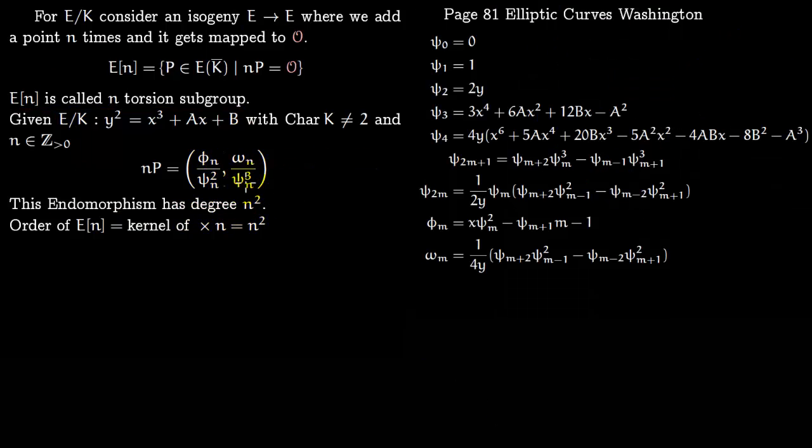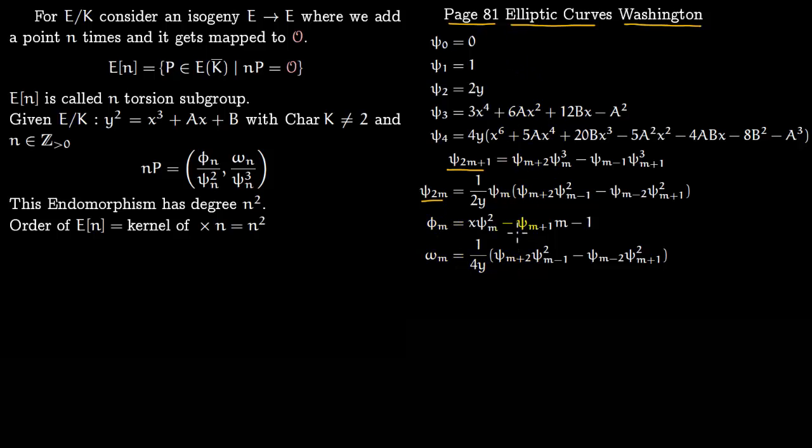We can find these division polynomials on page 81, again in Elliptic Curves by Washington. So ψ0 is 0, ψ1 is 1, ψ2 is 2y, then you are given ψ3, ψ4, then it is given recursively for odd and even ψ, and then φm and ωm are defined.